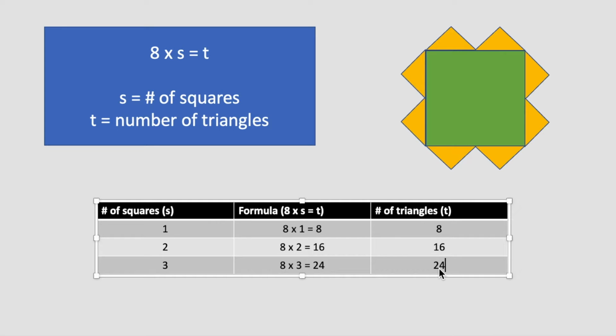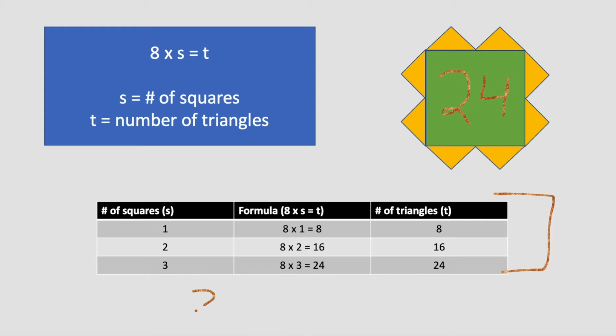And I don't need to keep adding more columns and rows to this to find out, if I wanted to have 24 squares, do I need to keep going in my table in order to figure that out? No, I can just plug this into my formula.